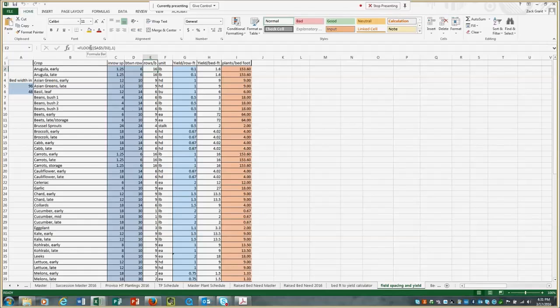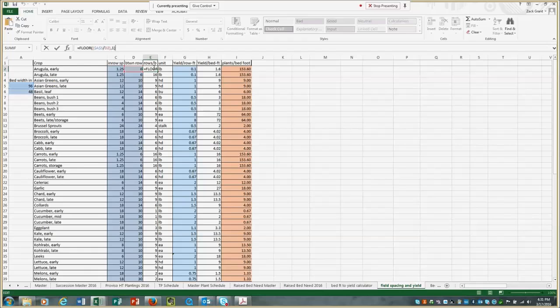I'm not going to explain what that is, but essentially, if you look up at the equation bar, which I'm highlighting right now, at the top it says A5, which is 96 inches, divided by D2, which is the between row spacing, and it gives a floor, which means it rounds down to a whole number.